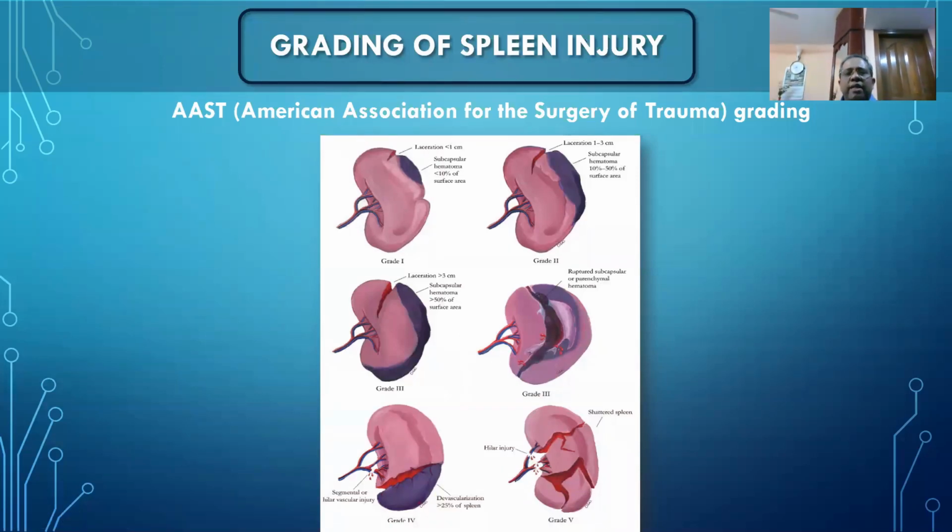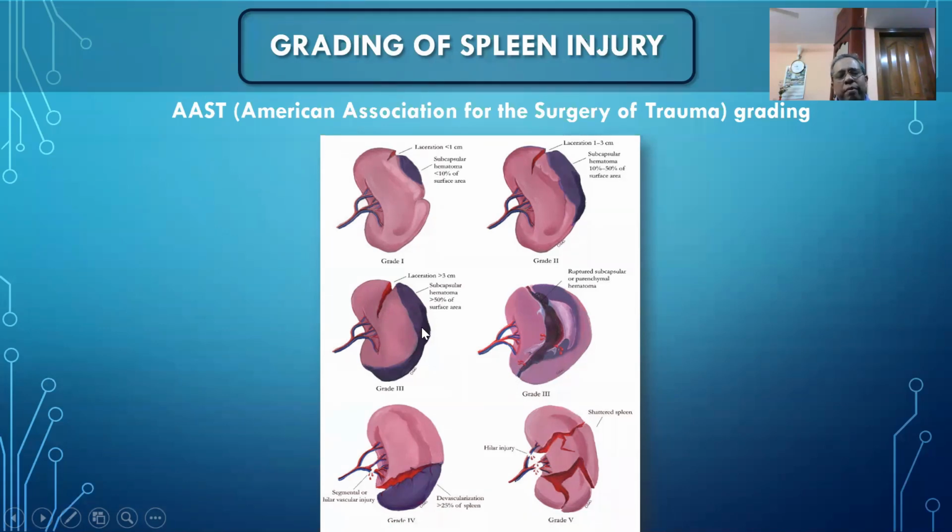And grade 3 is more than 3 centimeters, and the subcapsular hematoma increases to more than 50%. Another grade 3 is a ruptured subcapsular hematoma or parenchymal hematoma. If a subcapsular hematoma becomes ruptured, in that case you can treat the patient as a grade 3 splenic injury.